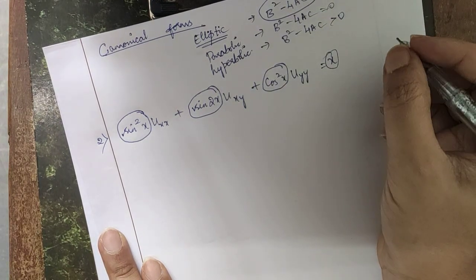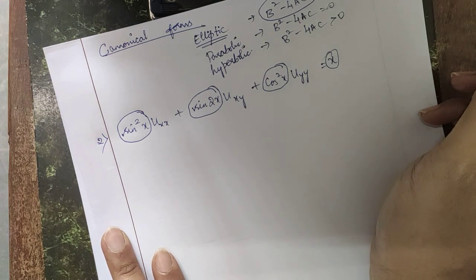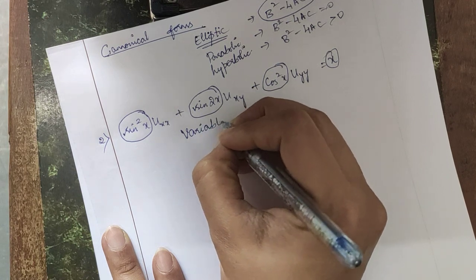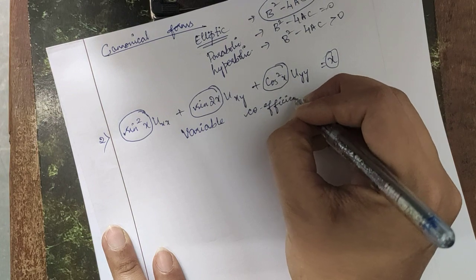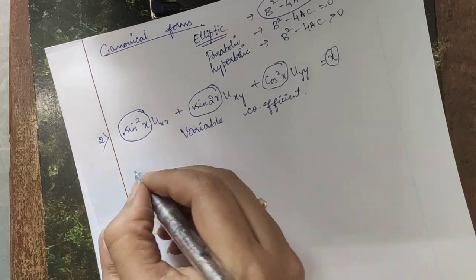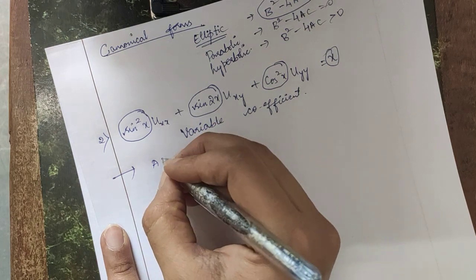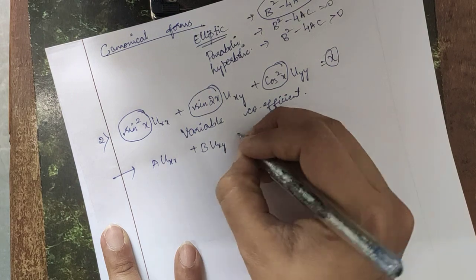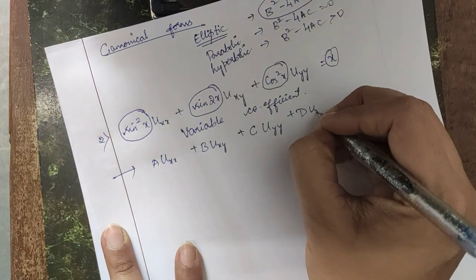That means the given partial differential equation is a second order partial differential equation with variable coefficients, isn't it?